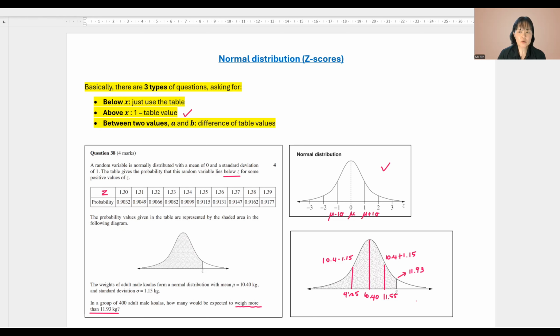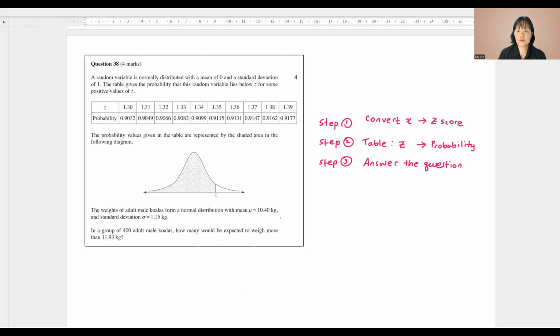Now, most of these questions, there are very simple steps you need to use. Okay, I just wrote 3 steps I was talking about. Step 1, I'm going to convert x to z-score so I can use the table. I'm going to write all the information that are given. X was 11.93. Mean, mu is 10.40.